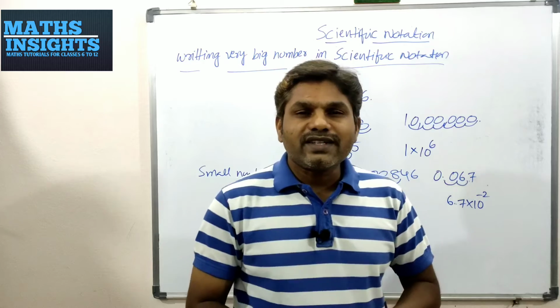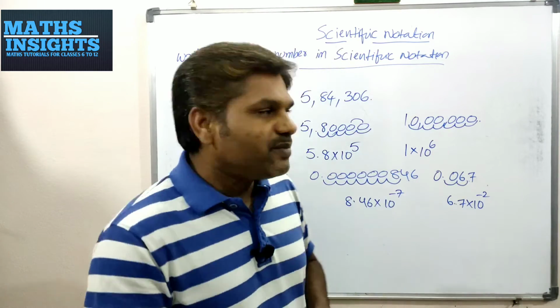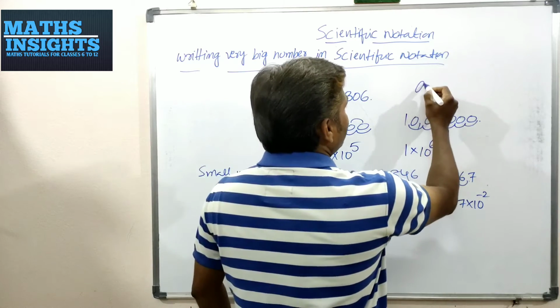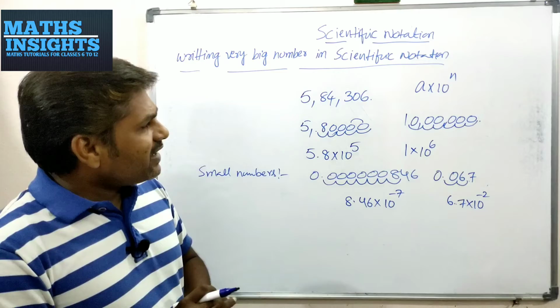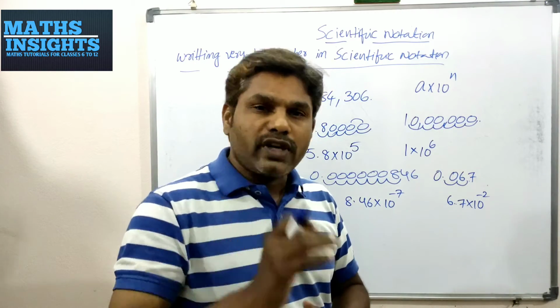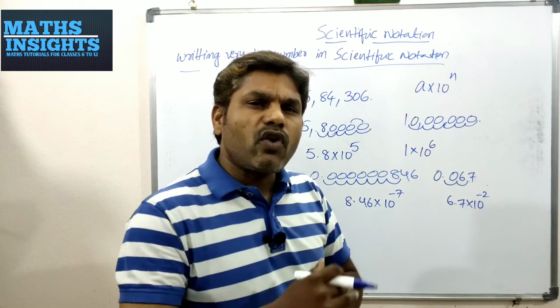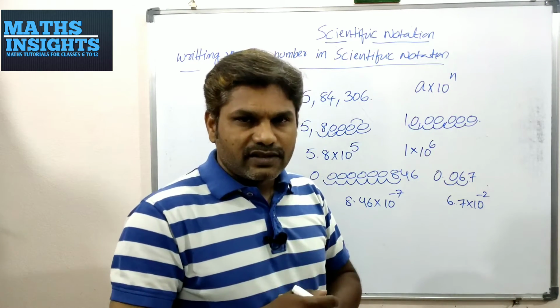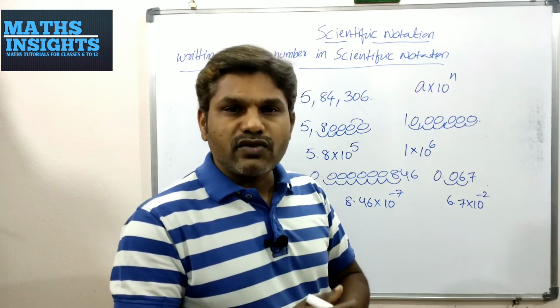If you want to write any number in scientific notation, it must be in the form of a into 10 power n, where this a is starting from 1 up to 9 and this n belongs to integers, that means positive integers or negative integers also.